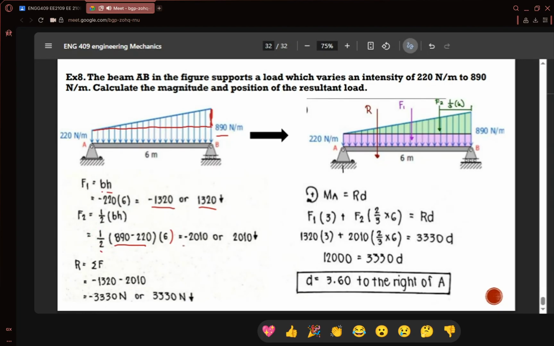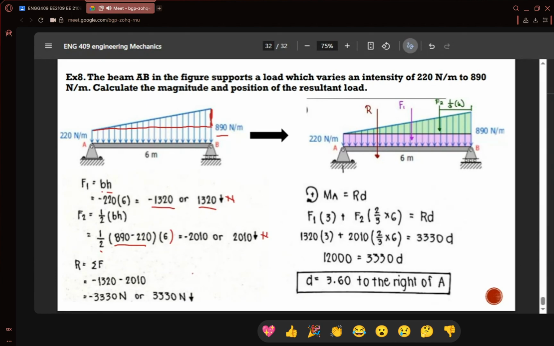So you'll have negative 2,010 newtons. There should be a unit here, so don't forget to put the units there. 2,010 newtons going downward, so it's obviously in the downward direction anyway.